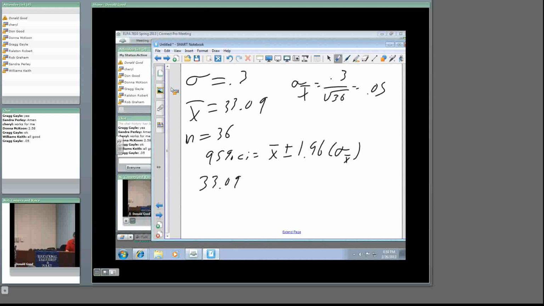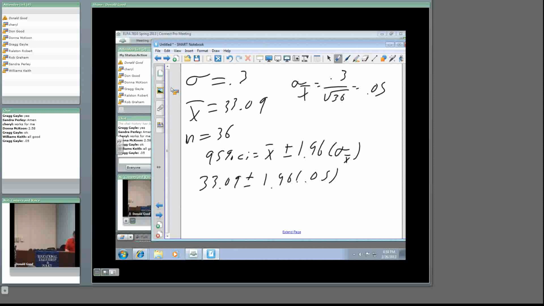33.09 plus or minus 1.96 times 0.05. And I'll figure out what that is here in a second. 1.96 times 0.05.